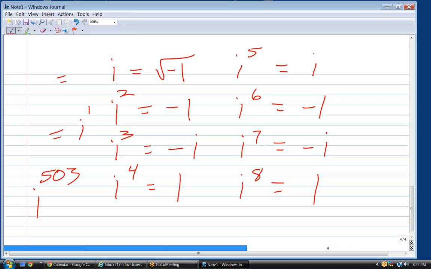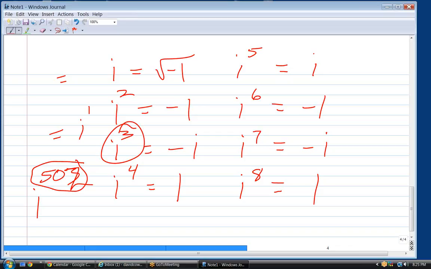Otherwise, it's whatever the remainder is. In this case, the remainder is 3, so it's i to the 3rd. And if the remainder is 2, it's going to be i to the 2nd. In other words, if it was i to the 502nd power, that's the same as i to the 2nd.